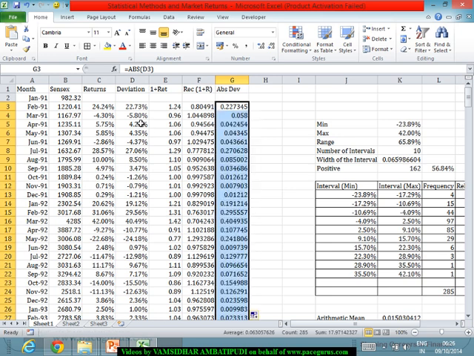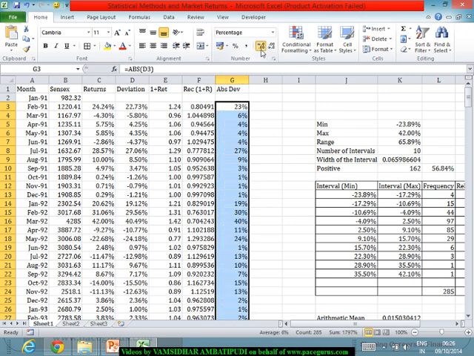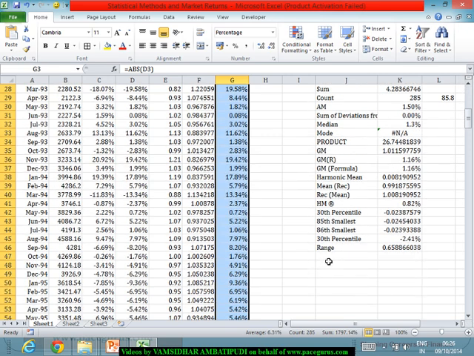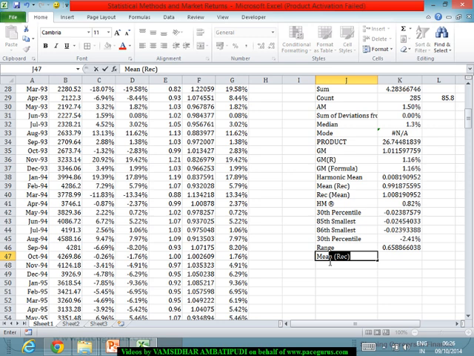So you see here it was minus 5.8%, but that became 5.8%. That is my first step. I take the absolute of the deviations from the mean, and after that I simply take the average of them. In this case, the mean absolute deviation comes out around 6.31%. That is how we compute the mean absolute deviation.